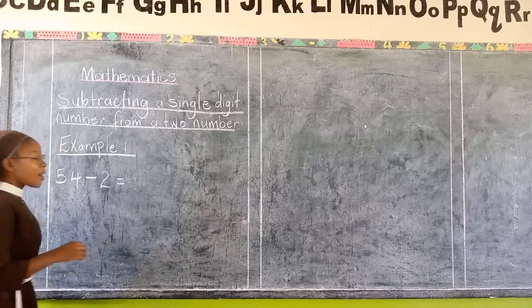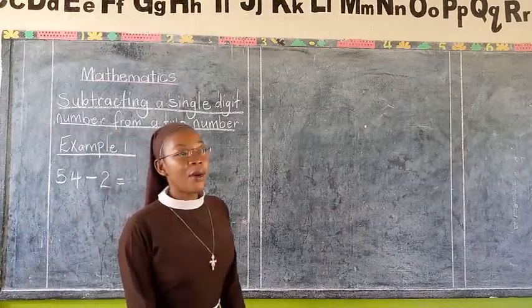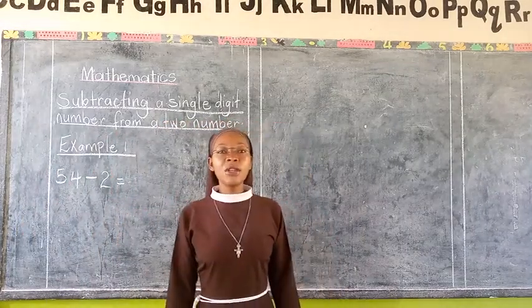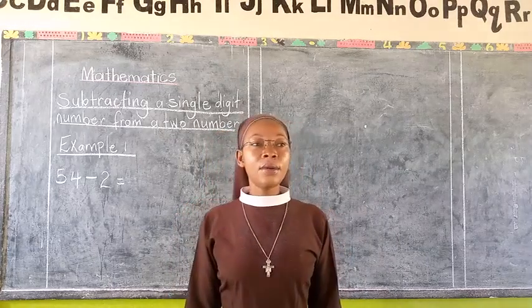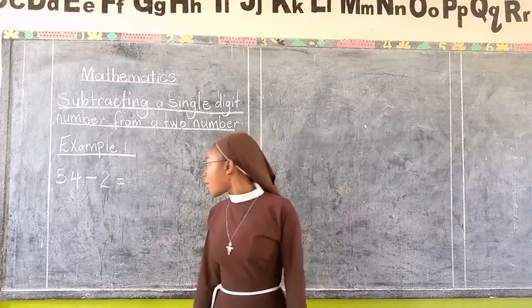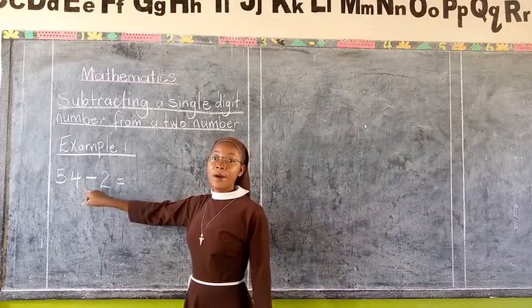The other words we can use instead of minus, we can use take away, we can use subtract, we can use minus, we can use give out, and so many others. So we are going to subtract 2 from 54.